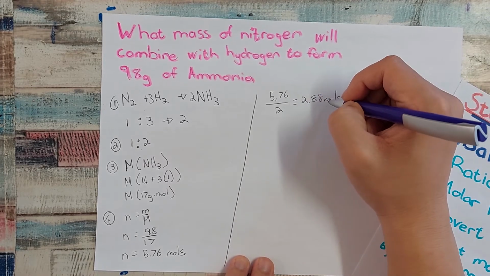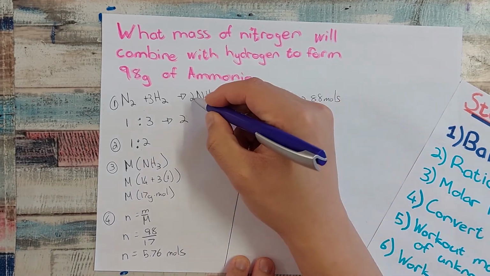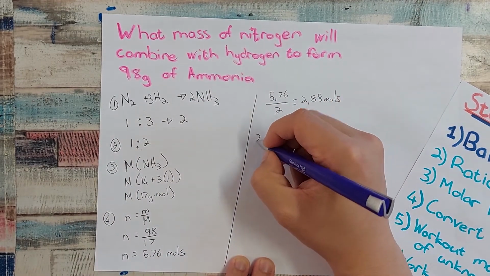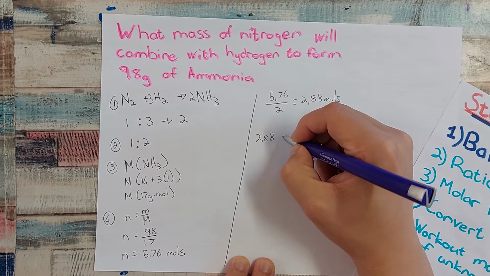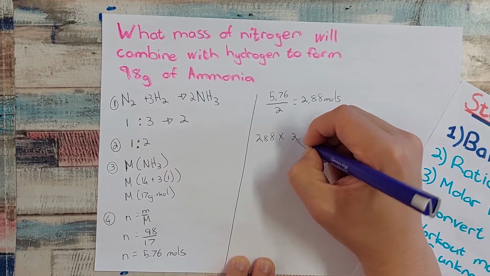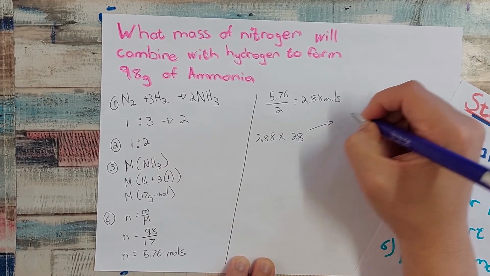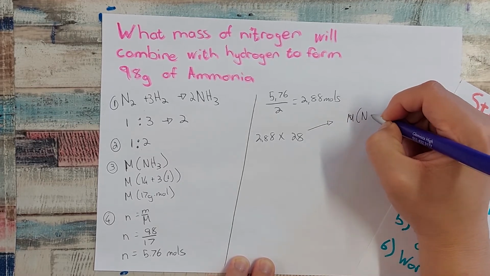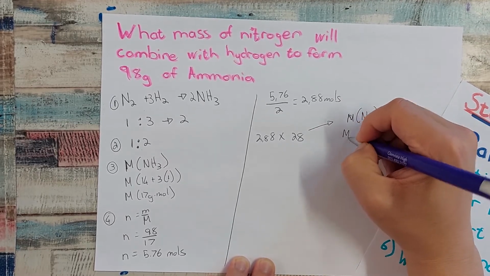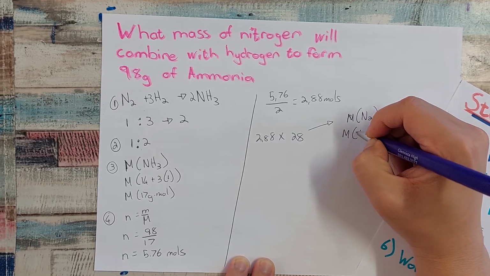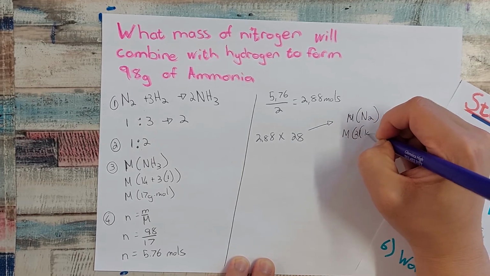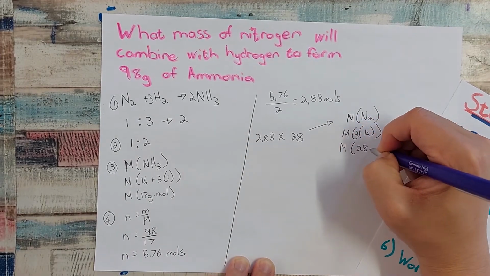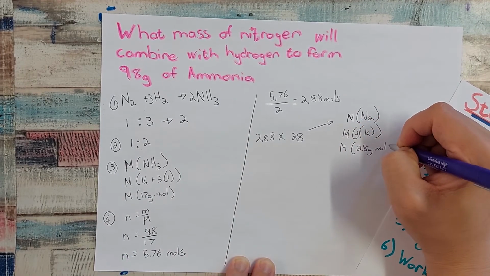So with this 2.88, because remember, 2 of these create 1 of these over here. So I'm going to now say 2.88 times 28. Now, where did this 28 come from? It was my molar mass of N2. My N2 over here, don't forget, it's going to be 2 times my 14, which is going to give me 28 g/mol.